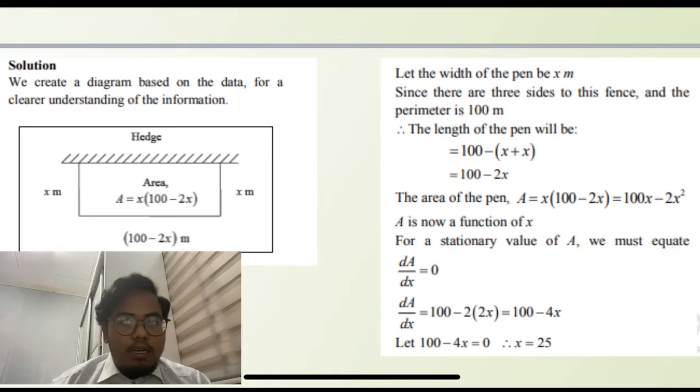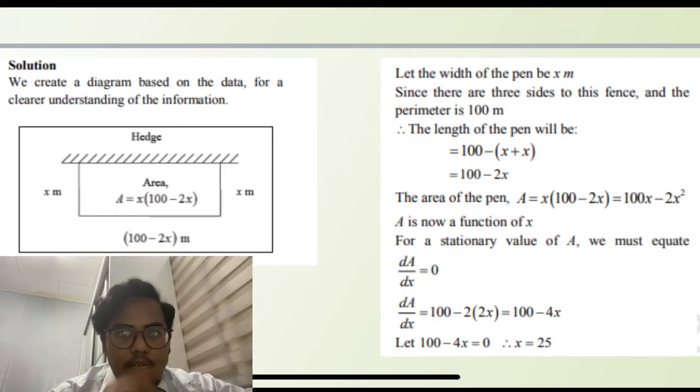We don't know any length of the sides, so we just tag an x at the sides. So the long one, how do we get that? We know the perimeter is 100, so we minus the both sides. Then we get the length of the longer one.